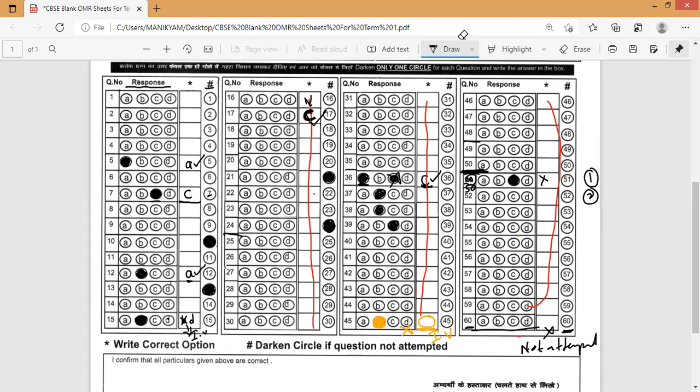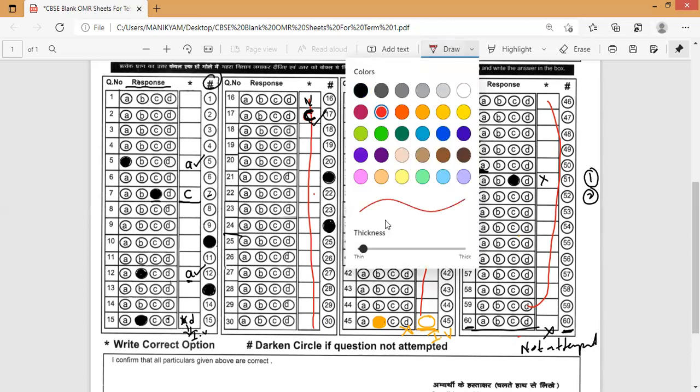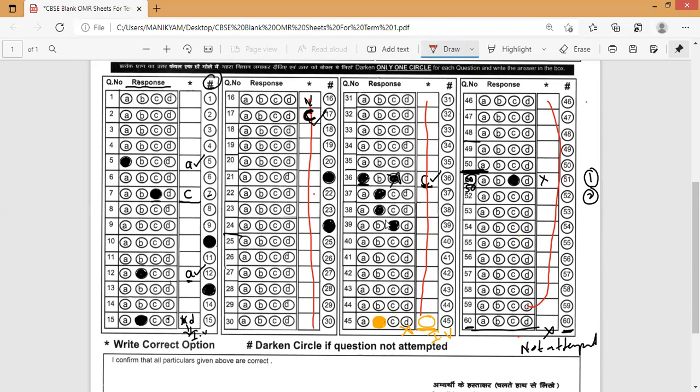Now, overall, what is the important thing I will say? You have to remember. To help you utilize the maximum time and not spend it on bubbling, I am going to give you something. For not attempted questions, we need not waste time bubbling in the ash column. That is the first point you have to remember. If you are very confident and attempting a number of questions perfectly, you need not waste time bubbling in the ash column.